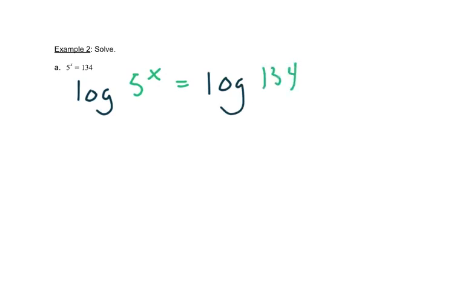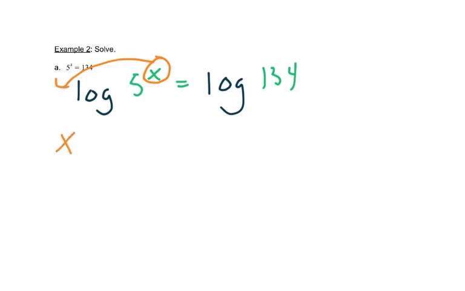So in this problem, we can't make 134 be 5 to some exponent. So we're going to start by writing log in front of the 5 to the x and log in front of the 134. We're just inserting log on both sides in front of whatever's there. And then we had a property that said we could bring this out in front.